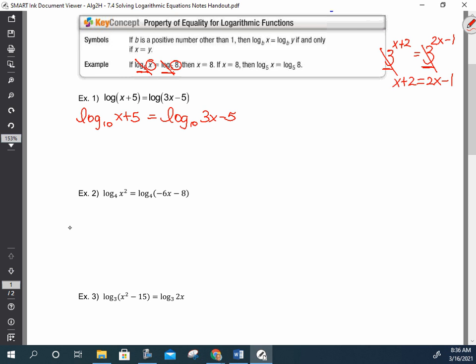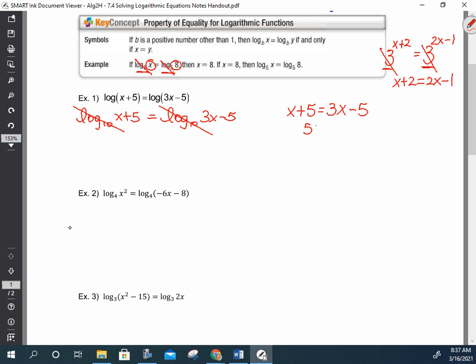But both of the bases are 10s. Since both of the bases are 10s, we're going to drop them out. Are you with me? Okay. They both have the same base, so those drop out. That means you're left with x plus 5 equals 3x minus 5. That ends up being a relatively easy equation to work out.